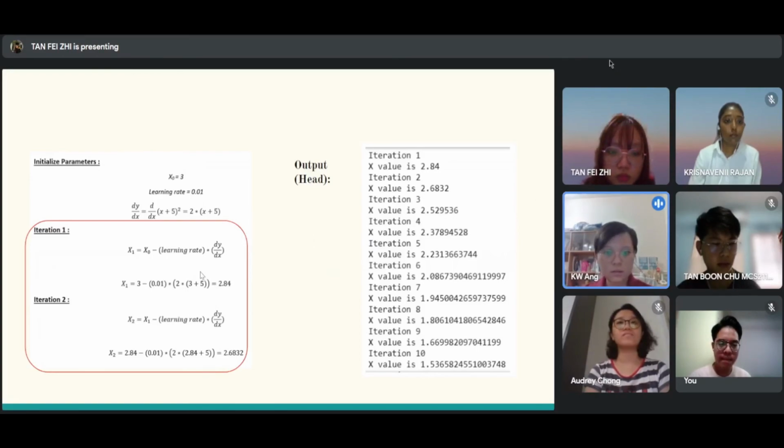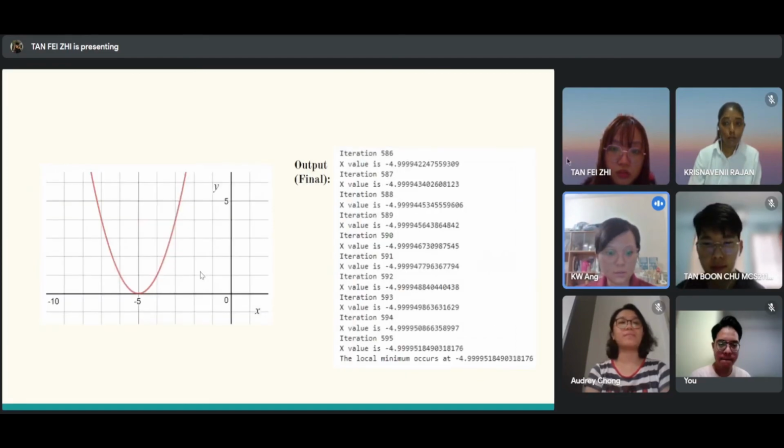And on the right, it shows the iteration 1 starting with the x value 2.84, until finally the iteration will stop at iteration 595 at the value of x equals negative 5, which is also shown in the graph.